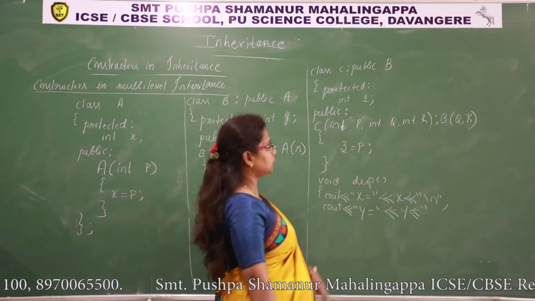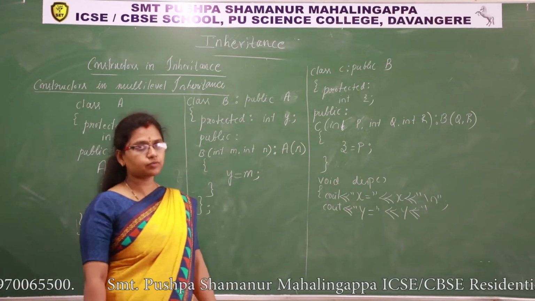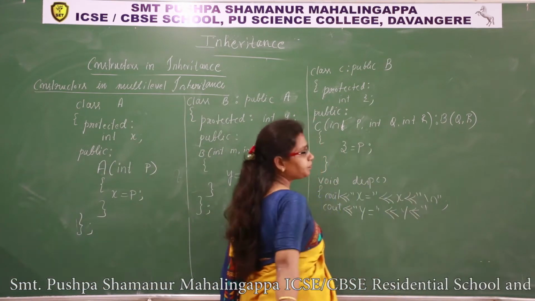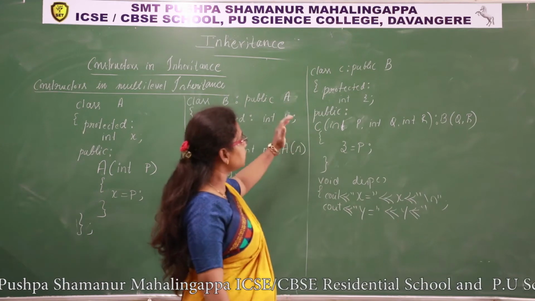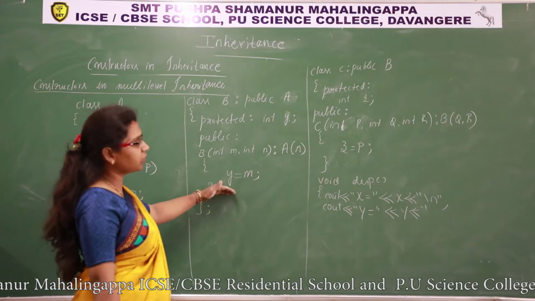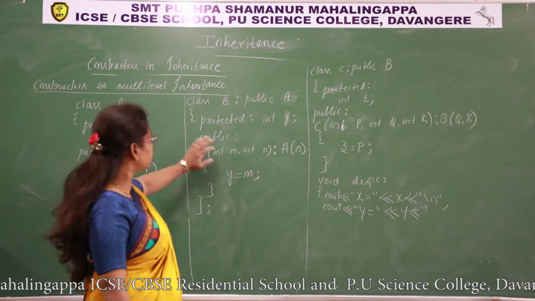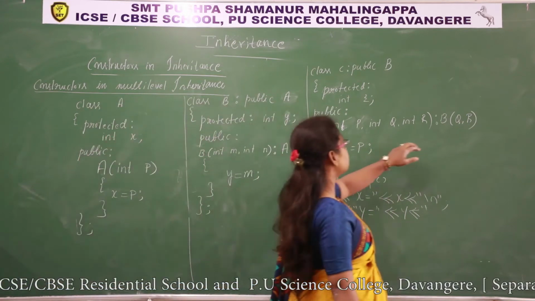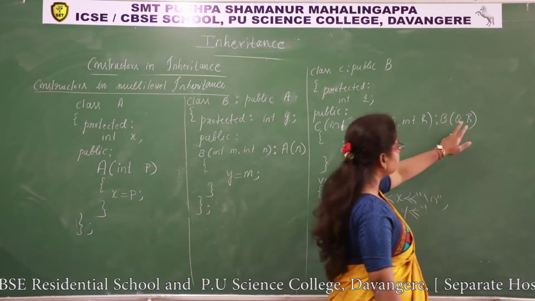So in total it has to take three parameters from the main function. So I have declared three parameters P, Q and R, and its immediate base class is class B. Its job is to initialize its own data member and its parent class. So this constructor requires two parameters. That's why I pass two parameters from here.